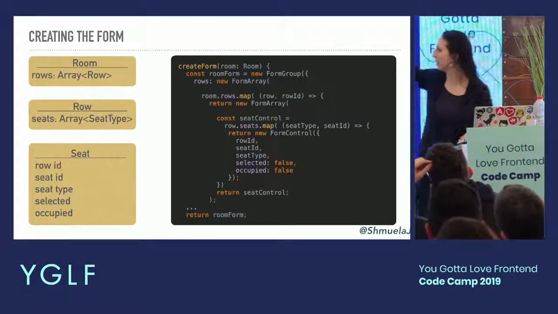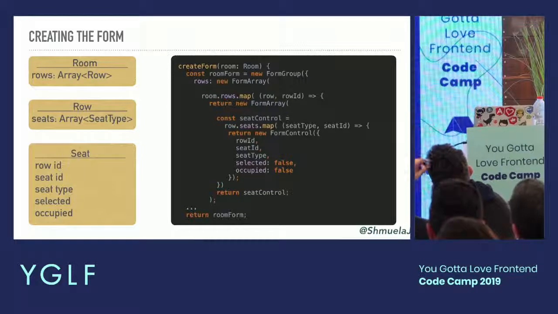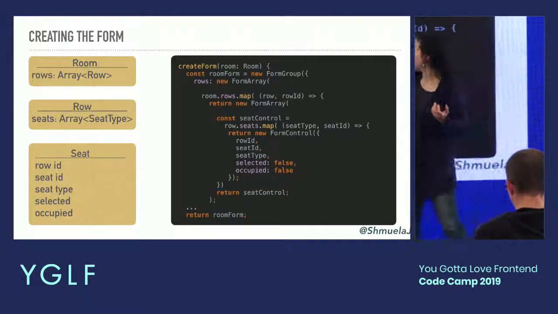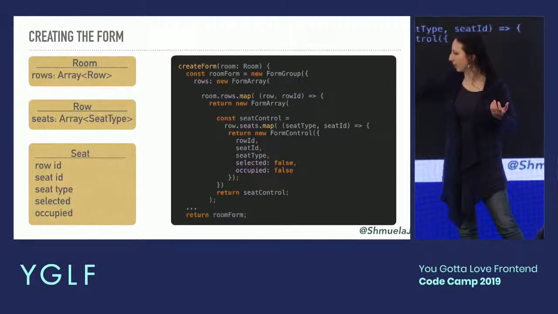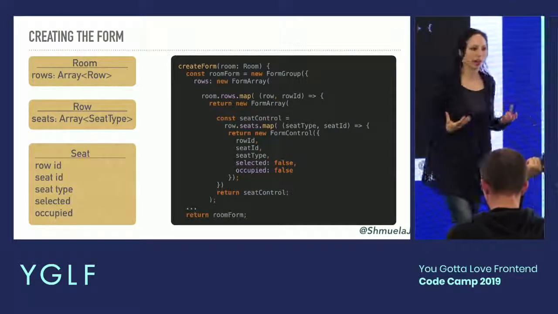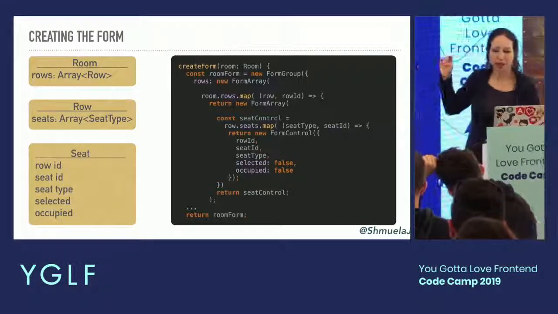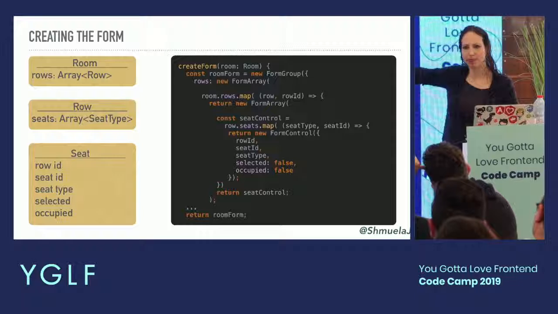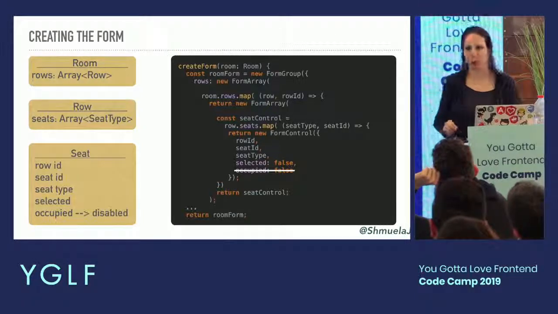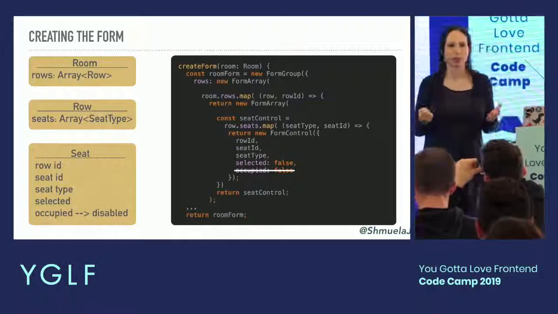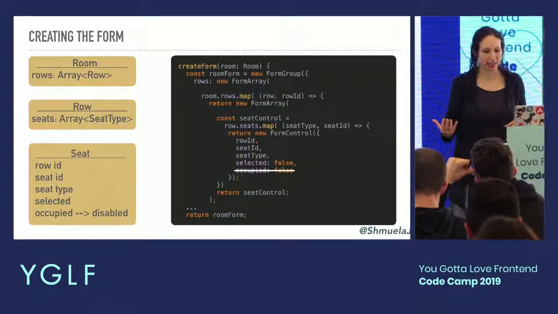So this is the value when I'm initializing the form control of each seat. It gets a value of this whole object with the row ID, seat type, whether it's selected, and occupied. I'm actually not going to pass occupied to it because this will be controlled by whether it's disabled or not.